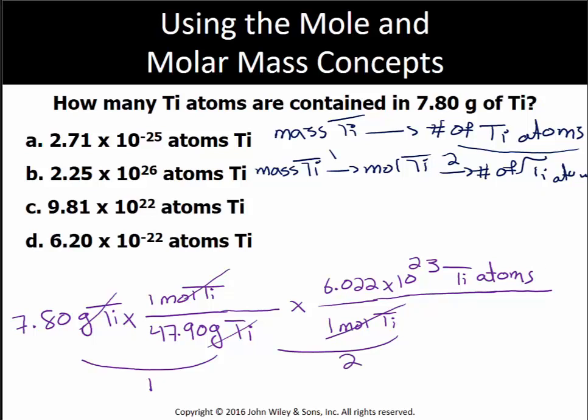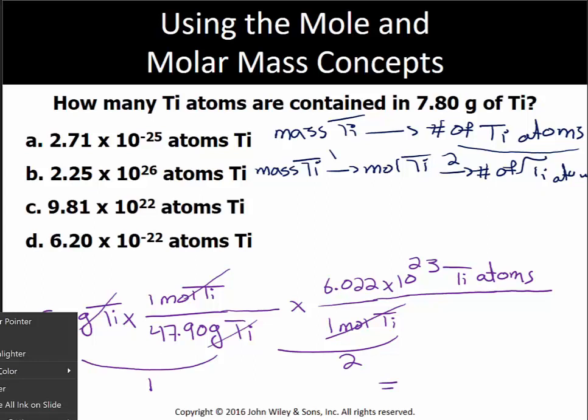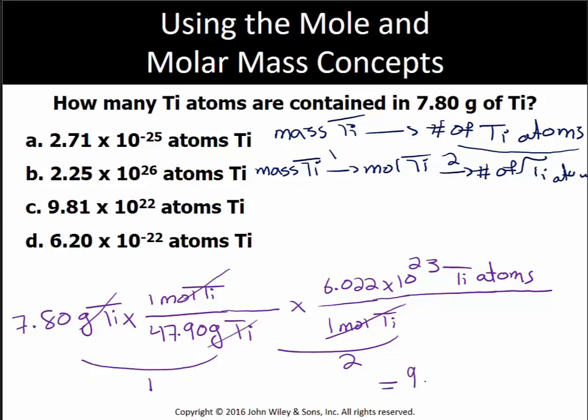We end up with the number of titanium atoms. Now, let's solve this. Use your calculators to solve this. So the answer should be 9.81 times 10 to the 22, and the unit is titanium atoms.